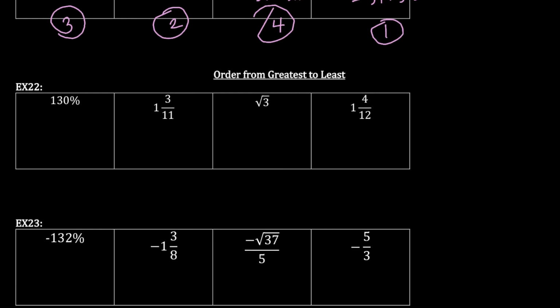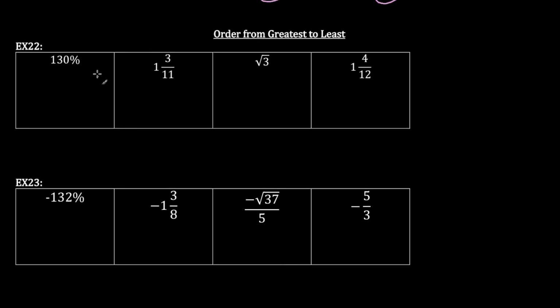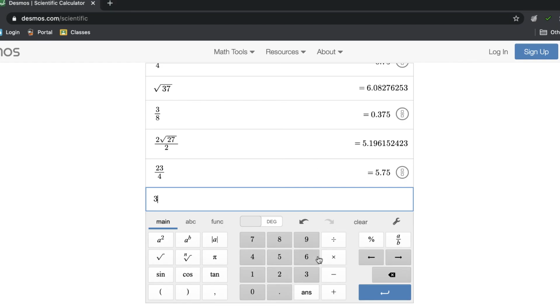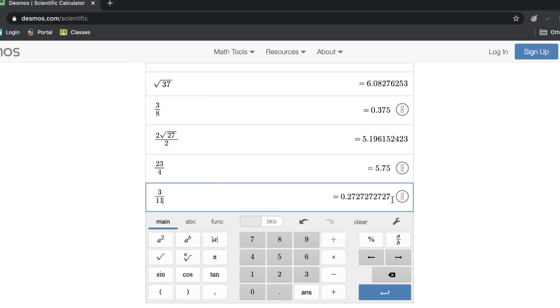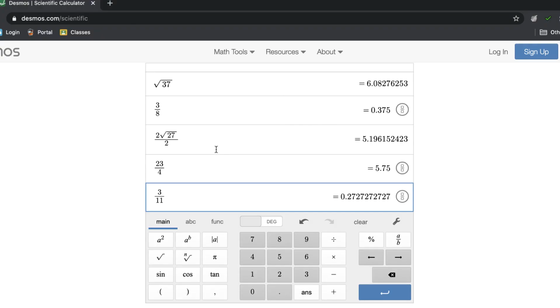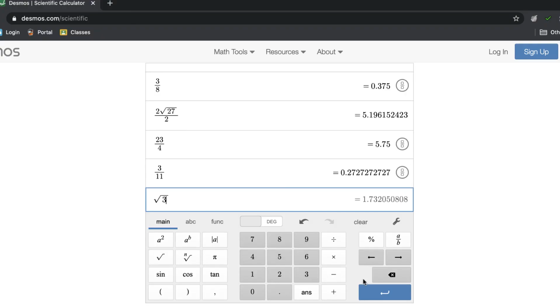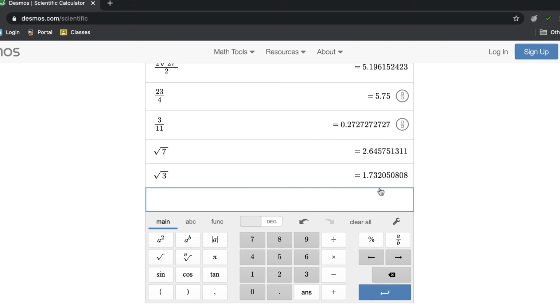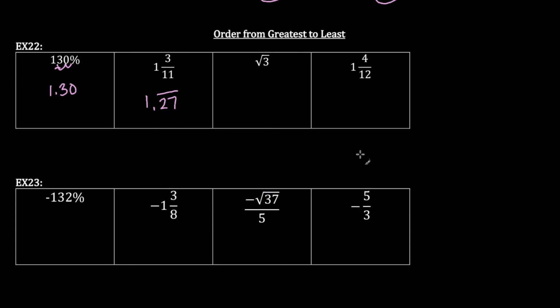Okay, so let's try this greatest to least. Okay, so 1, 2, 1.3, or I can put a 0 if you want. 3/11 is 0.2727. Okay, so 1.27 repeating. Square root of 3 is 1.732, and it keeps going. And lastly, 4/12.